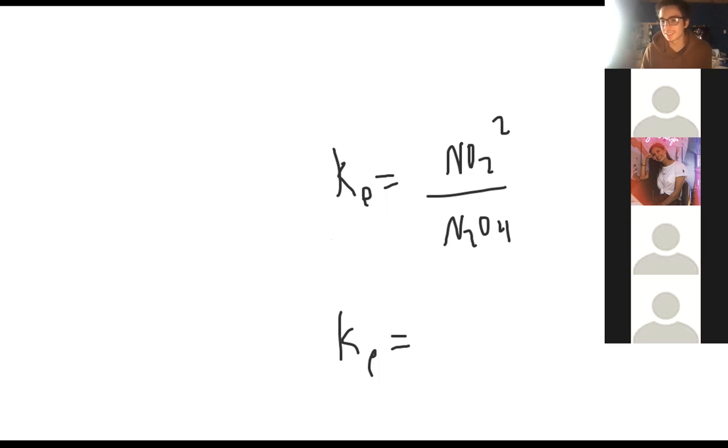I'm guessing you guys got 0.02 atmospheres. So basically just remember to convert to atmospheres when we're dealing with Kp problems.